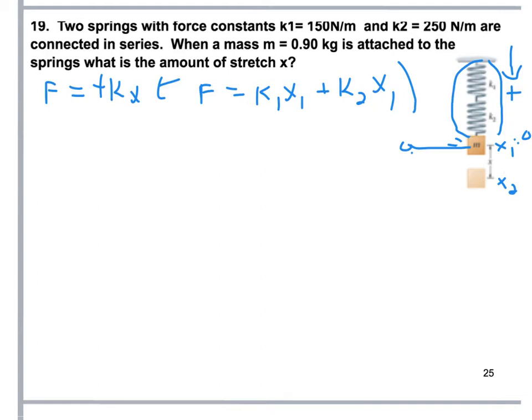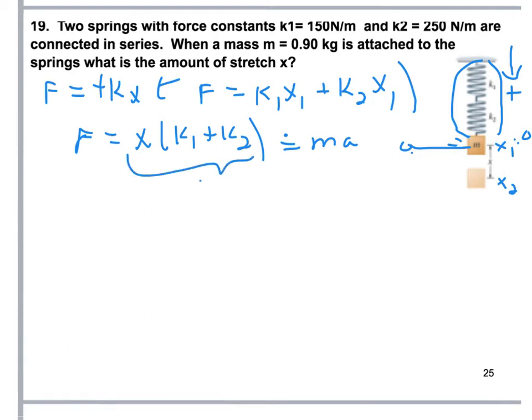We're just looking for a delta right there, or one value. So we can go ahead and pull that x value out, and write F equals x times (k1 plus k2), and then we know that F equals ma. So we can combine F equals ma and this equation right here, and we can see that this is our F, and it's equal to ma.